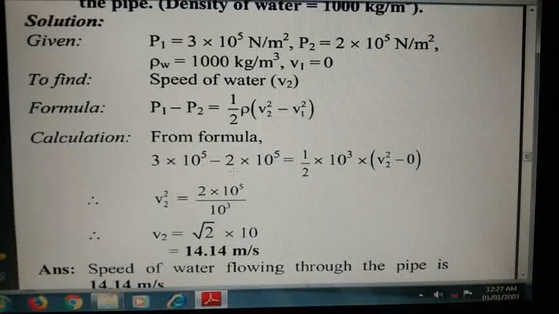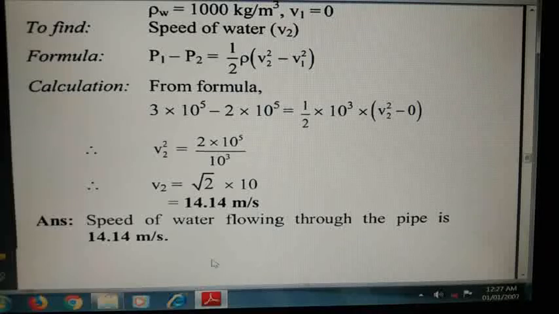Here 3 minus 2 is equal to 1, 1 into 10 to the power 5, here half into 10 to the power 3. So V2 equal to under root 2 into 10, that is equal to 14.14 meter per second. So speed of water flowing through the pipe is equal to this much.